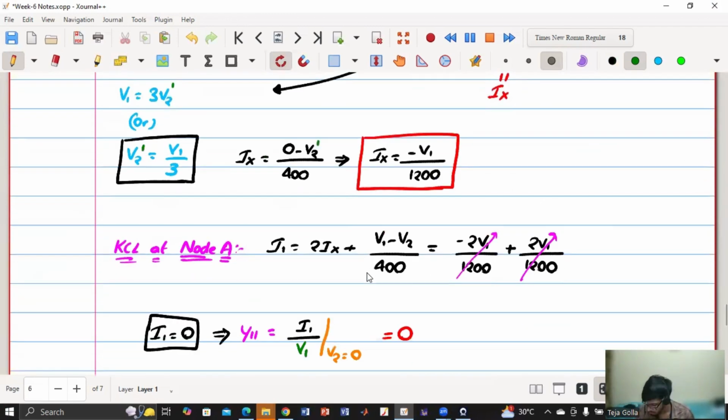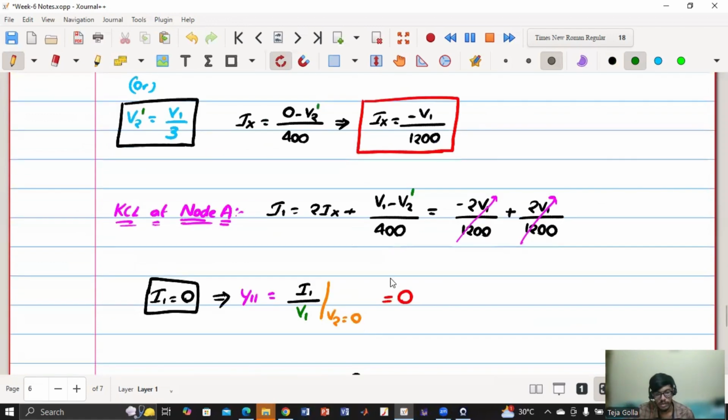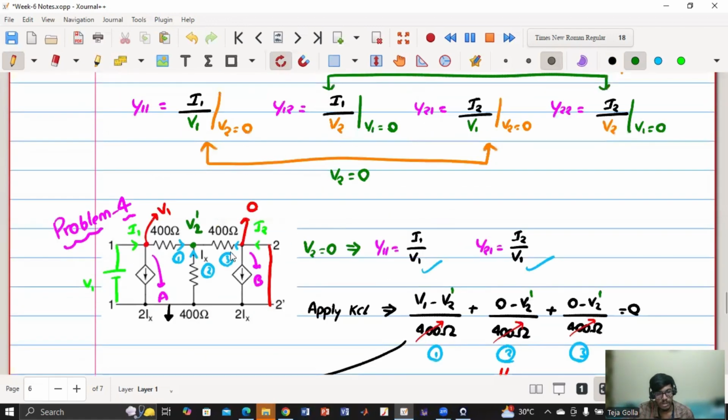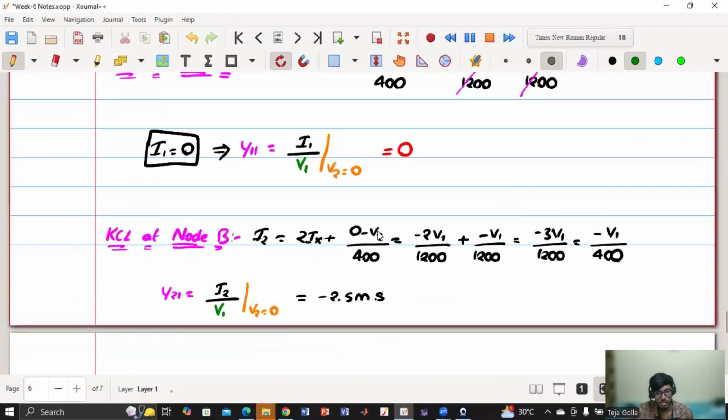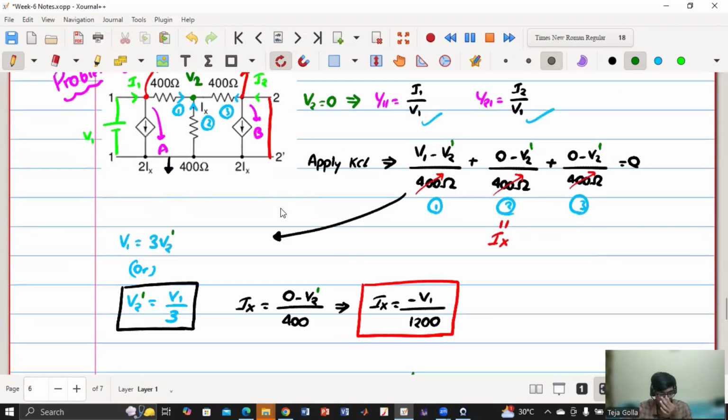I have just assumed some voltage V2 dash. Because it might be confusing, yes sir. I understand. I'm sorry for the wrong notation. And this also V2 dash. I should have used Vx or V dash, but I'm really sorry.